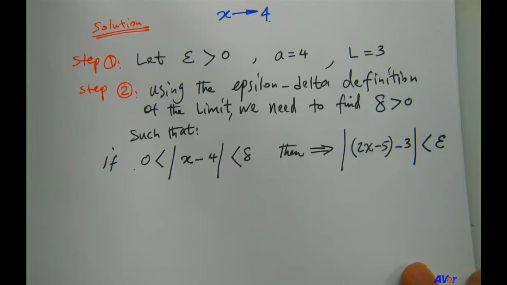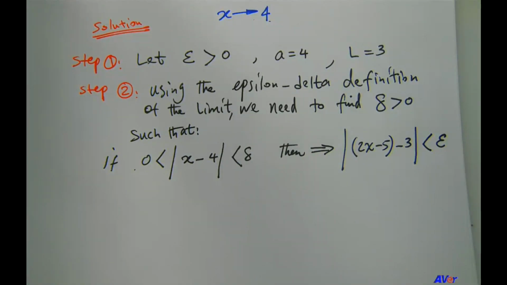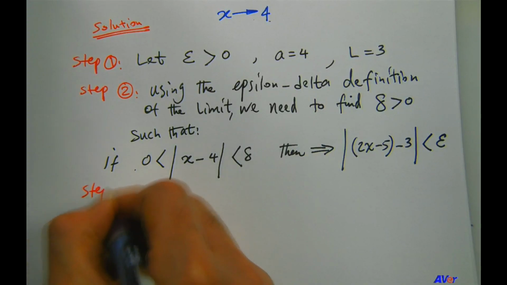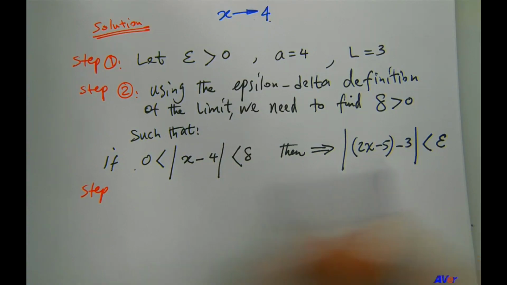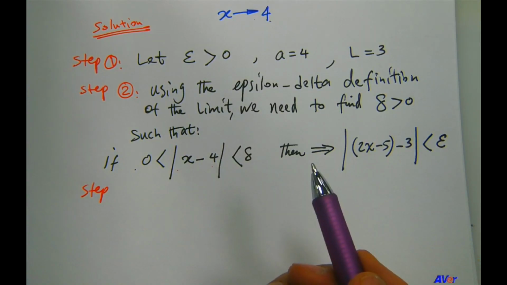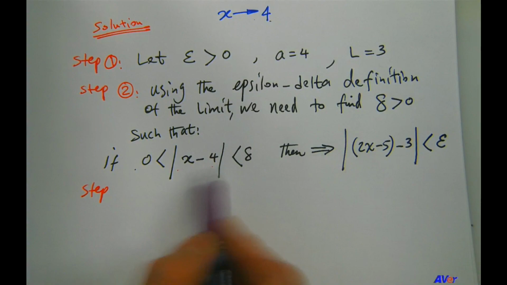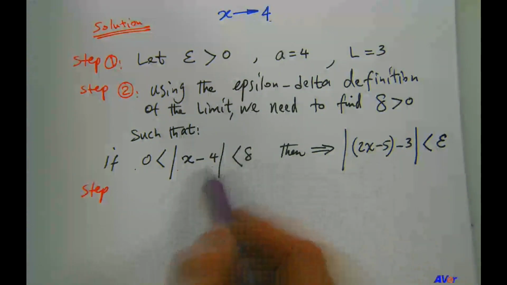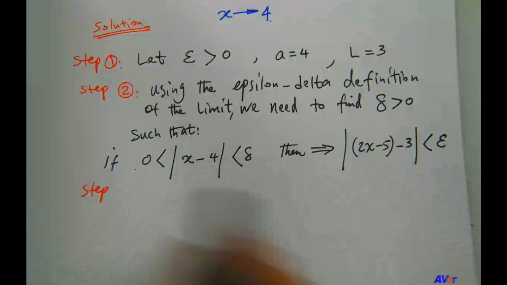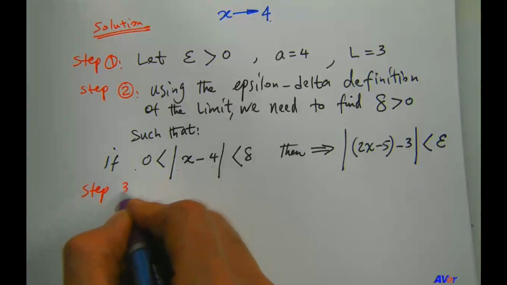Okay, we need to show that. So step 3, all we have to do is establish a relationship between this and this quantity. If we show this is equal to that, or something is smaller than that, that's the proof.